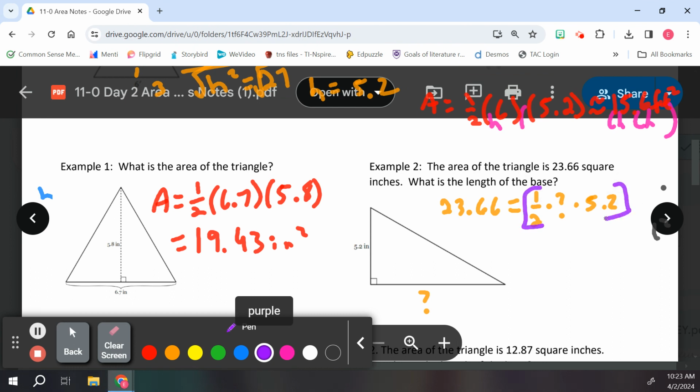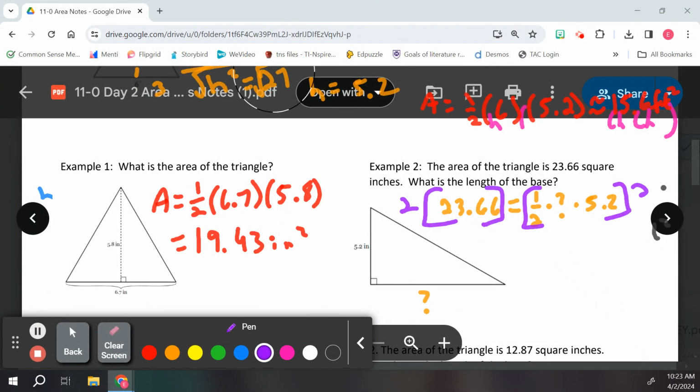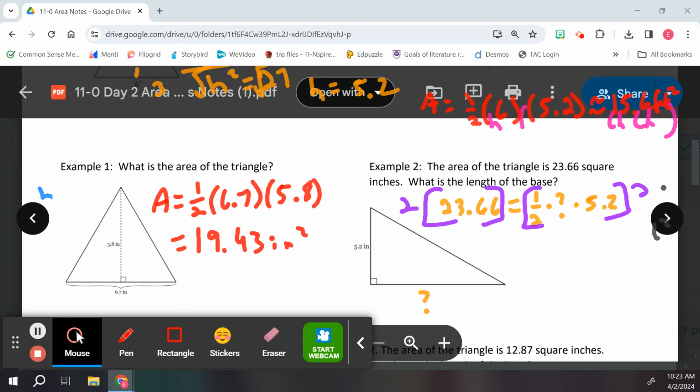That means I'm multiplying this whole thing by 2. That leaves me with, let's see, 47.32.